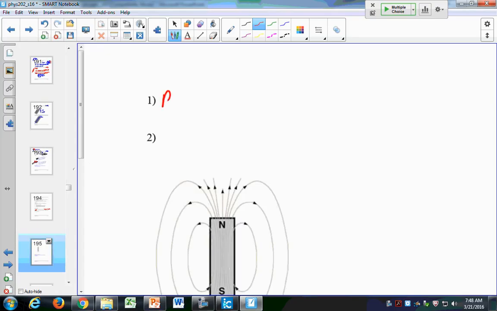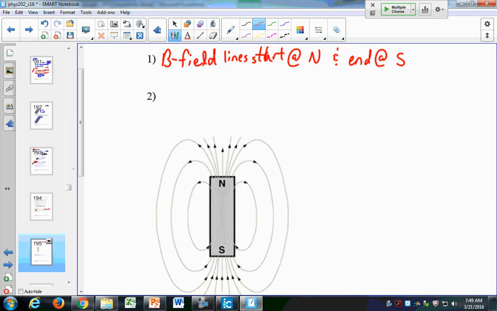First of all, magnetic field lines start at the north pole and end at the south. So they start up here, and then they go into the South Pole. They terminate at the South Pole.